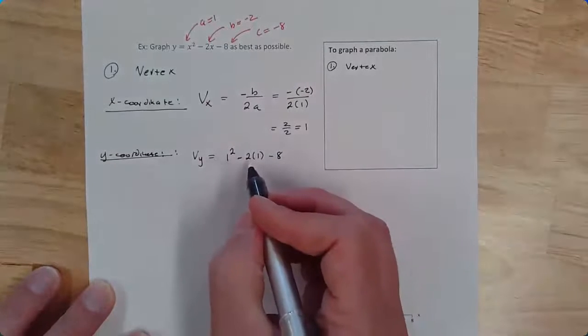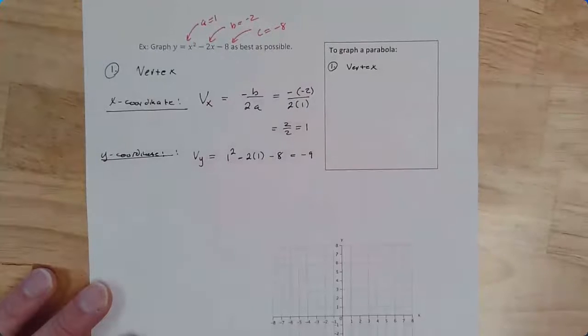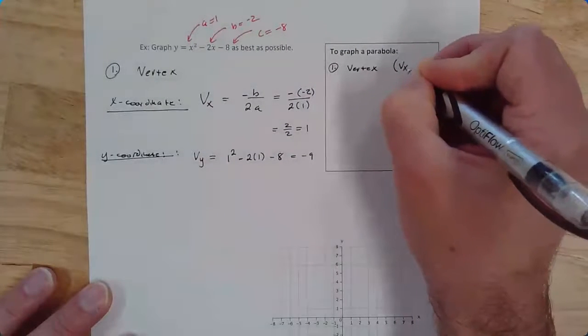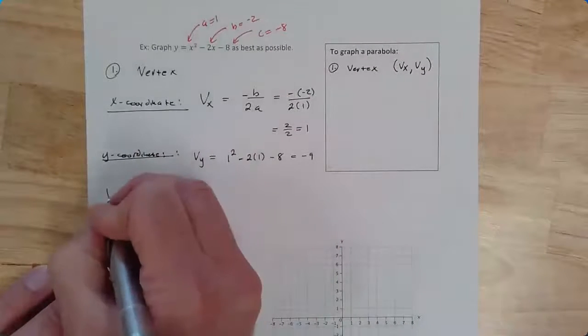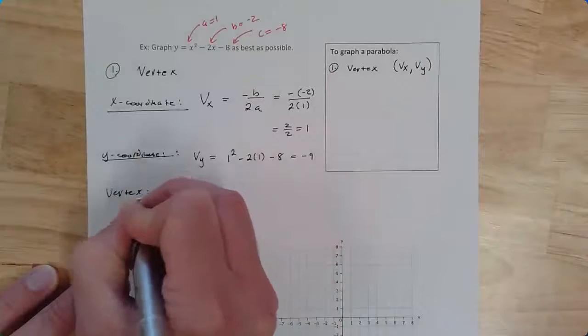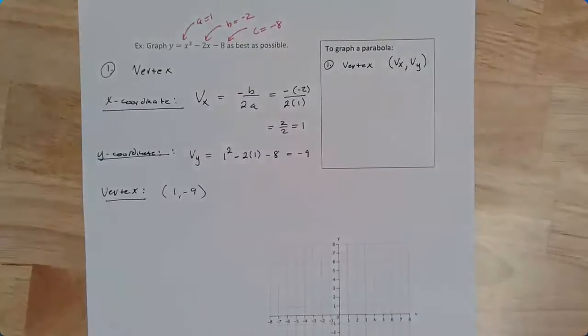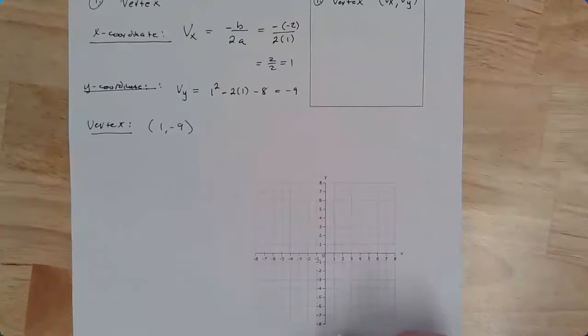That's going to be 1 minus 2, which is negative 1, minus 8, which is negative 9. So the vertex has coordinates v sub x comma v sub y. In this case, our vertex is the coordinate 1 comma negative 9. And I might as well plot it once I know it. So it's a little off the chart.